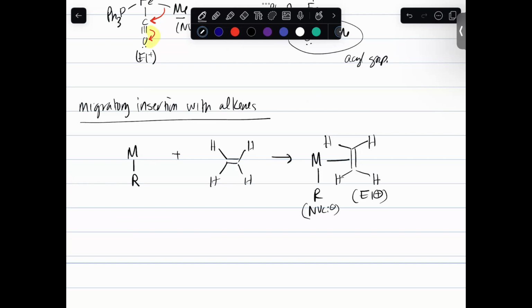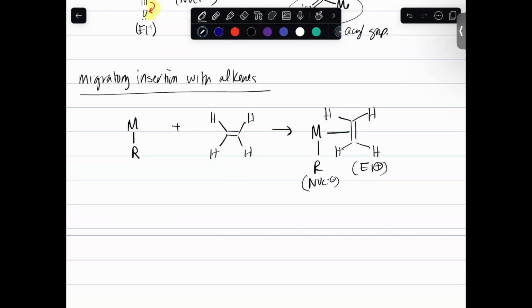And so the insertion for alkenes is concerted, i.e., it's one step. Bonds are being formed and broken at the same time. And so what I'll do is I'll draw the arrows in red so you can see how they insert. Now, this is our nucleophile.